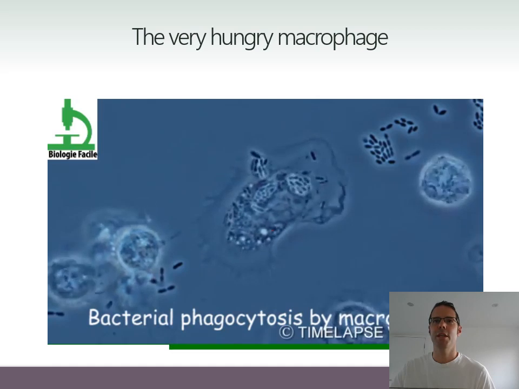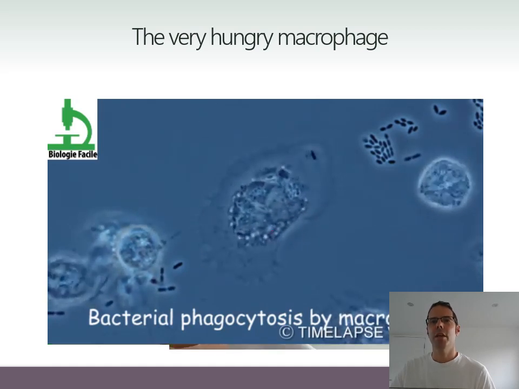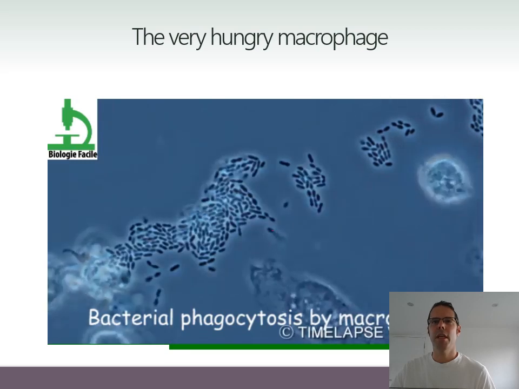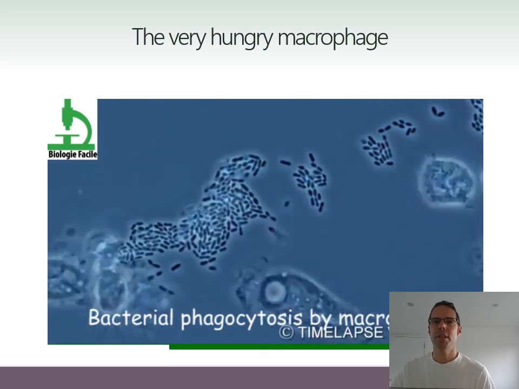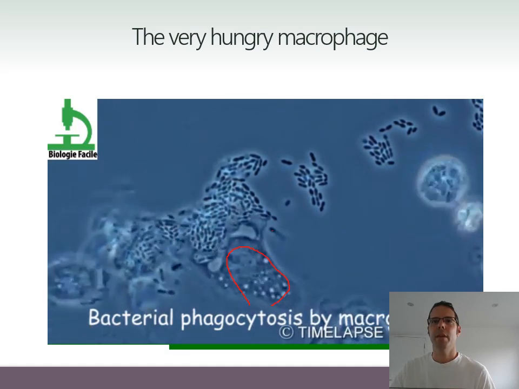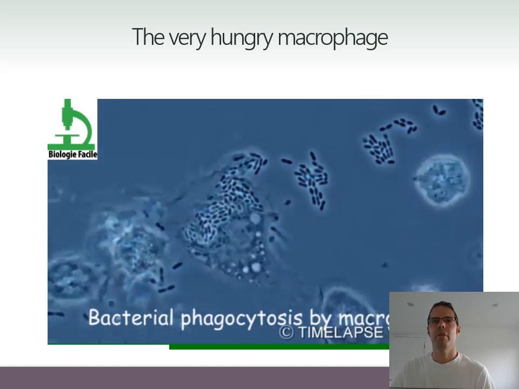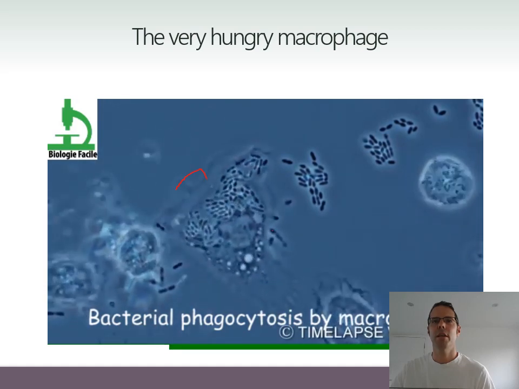It's continuing to gulp all these things. What I hope you can see is the outline of the cell. This is the nucleus here. And there are beautiful protrusions of membrane ruffling over this side here.